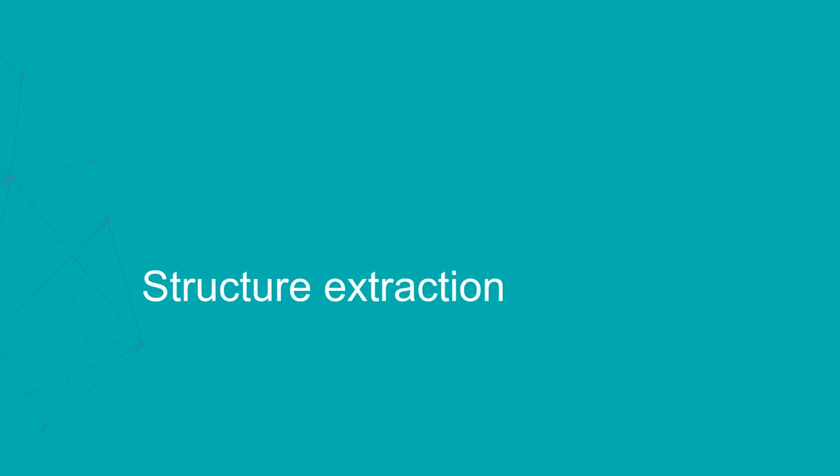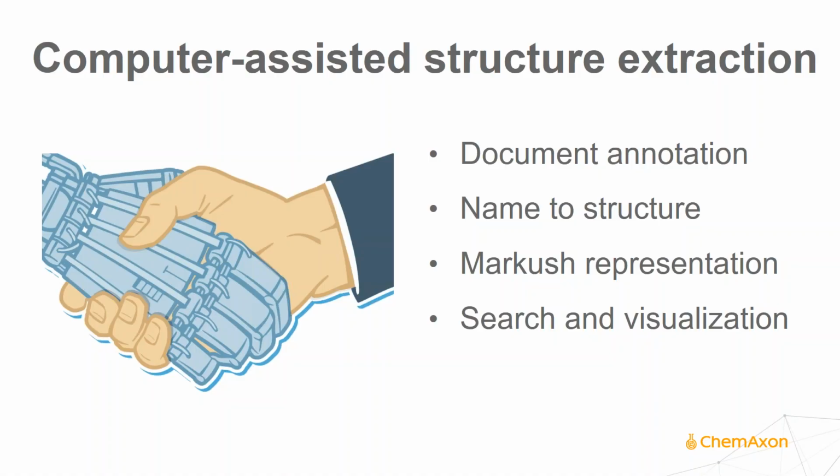Let's talk a little bit about the structure extraction and how you can make the structures, Markush and standard, found in the patent documents computer understandable. For this goal, we created the ChemCurator application. This is a computer-assisted structure extraction tool.